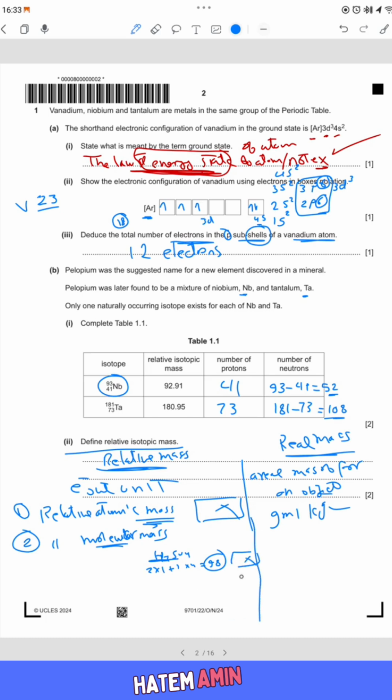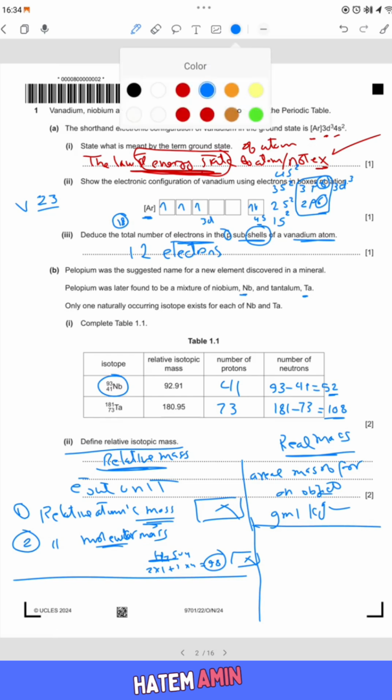Then the last one he's asking about is the relative isotopic mass, and here we should stop for a second. What's the relative isotopic mass? It is related to a specific, particular isotope. What are isotopes?